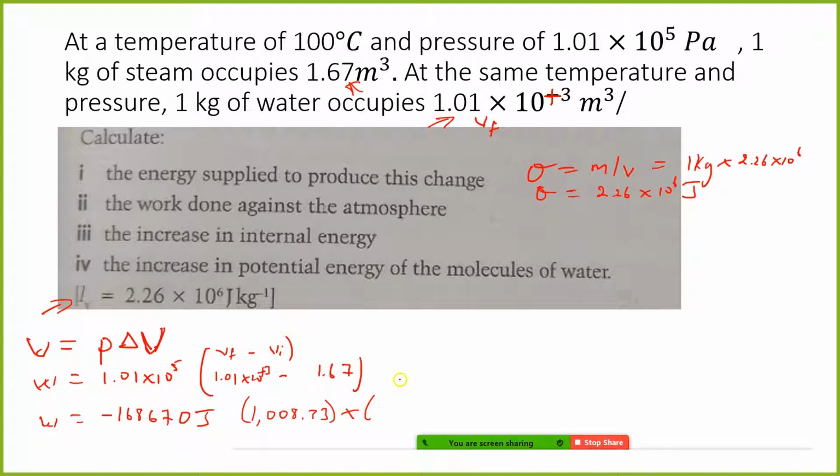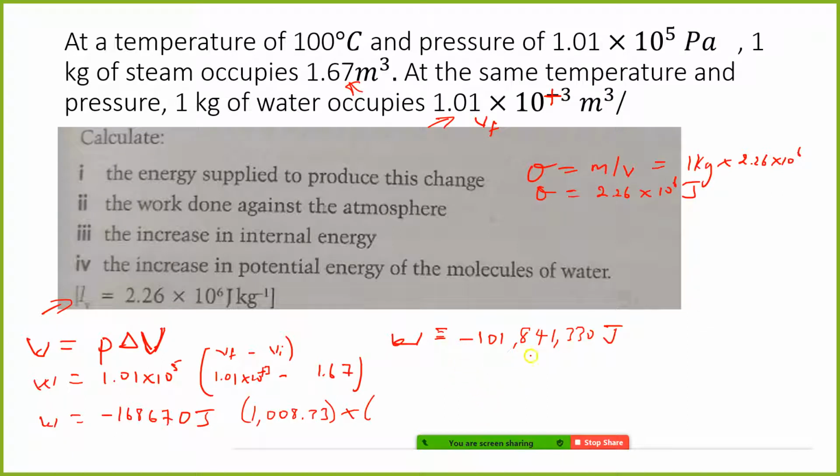So the answer I'm getting is 101,841,330 joules minus. That is the work based on my calculation here.